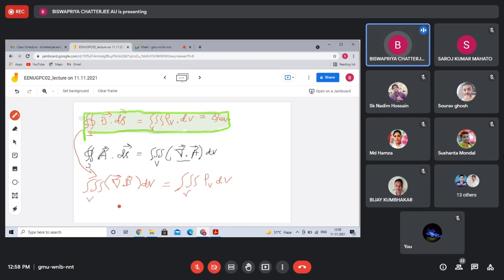So from there, if you compare, you can directly write del dot D is equal to rho v. Very, very important relation. Del dot D is equal to rho v.